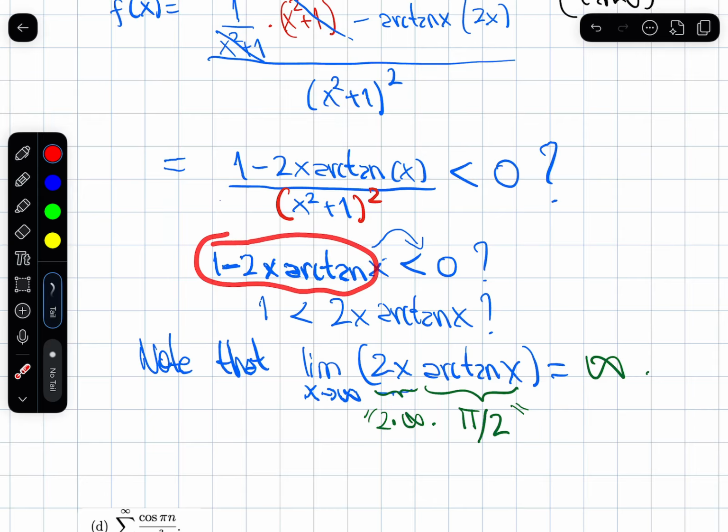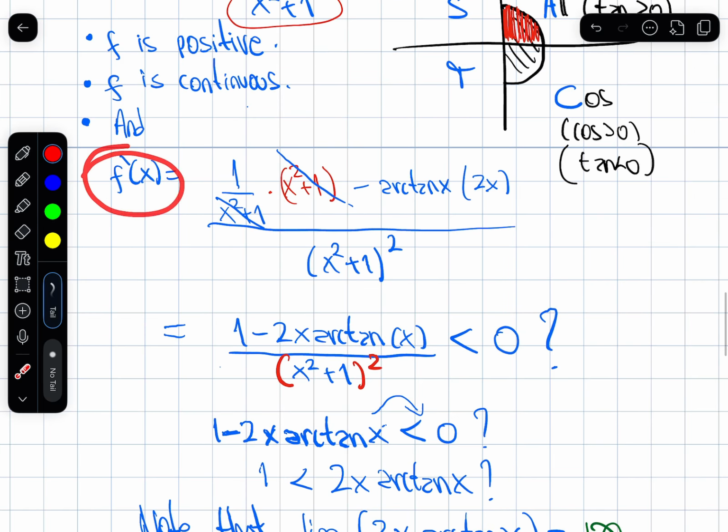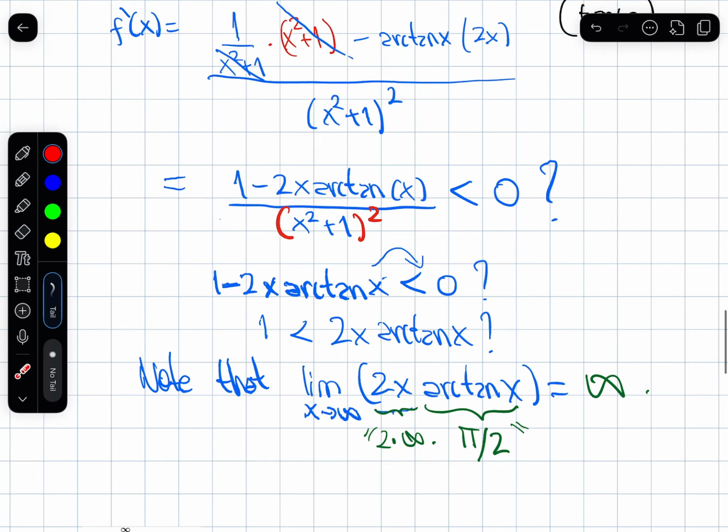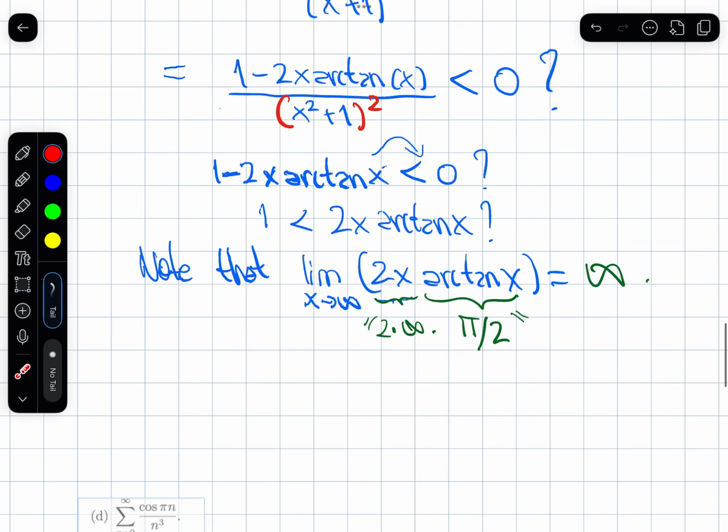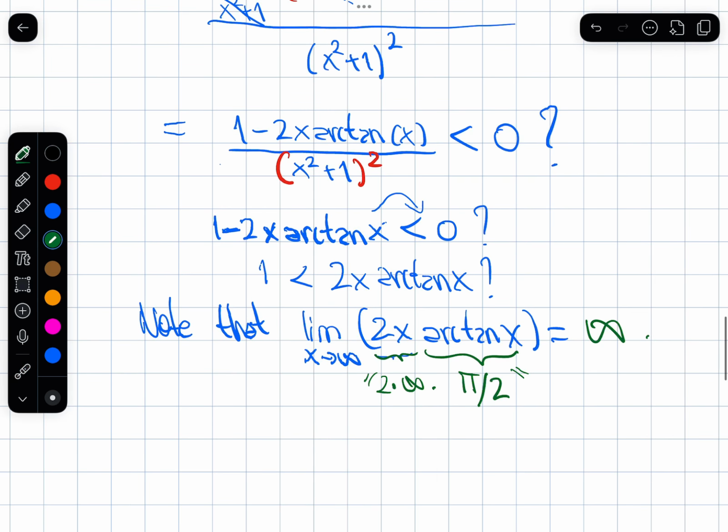And then this will also be negative, which will mean that the derivative is negative, which means that the function is decreasing. So I can finally say, all of this is just to say that I can use the integral test. I can say f of x is eventually decreasing.